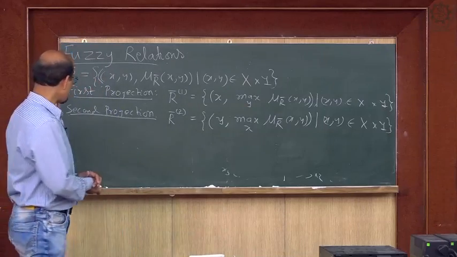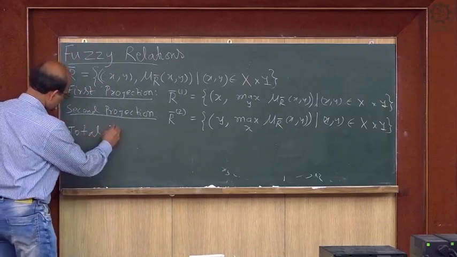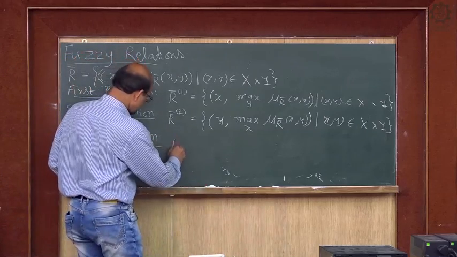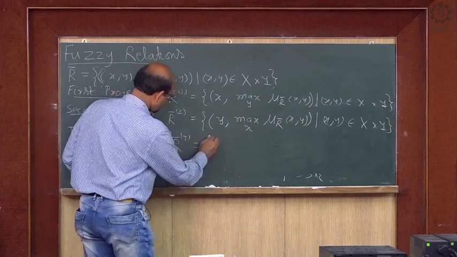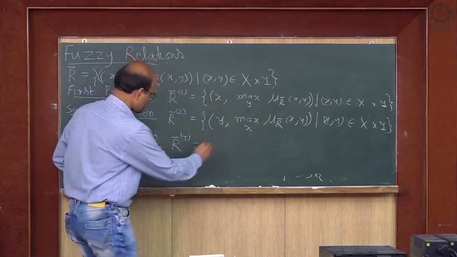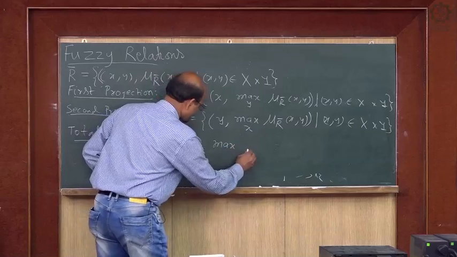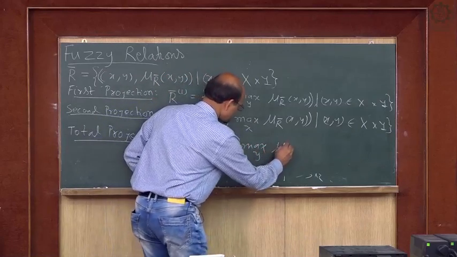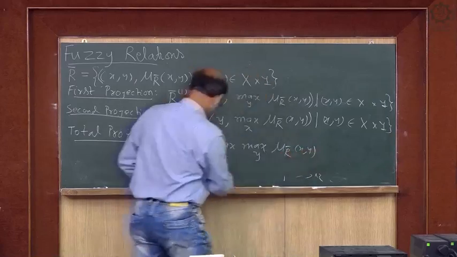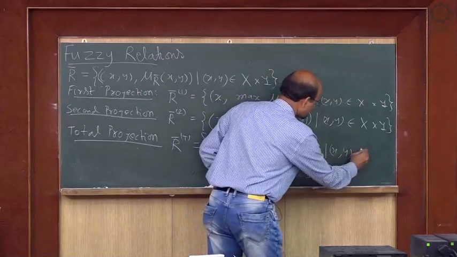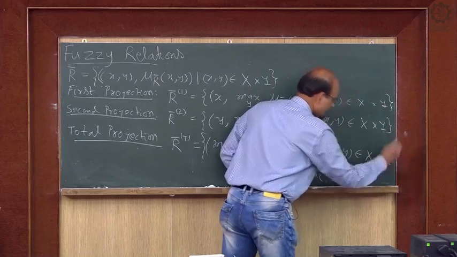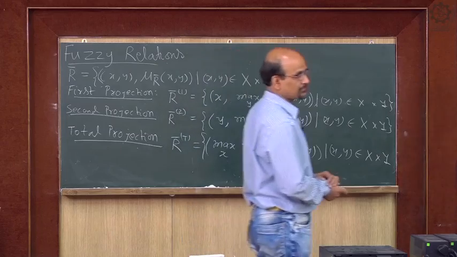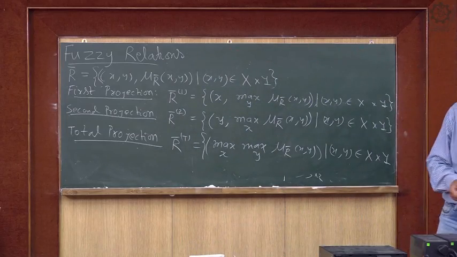Similarly, I have the total projection, and we denote this by R bar t, and this is the combination of these two. We write it like this: maximum over x, maximum over y, of mu R bar x y, such that x y belongs to x cross y. So, these are the three projections. Now, let us take one example and see how we get these.